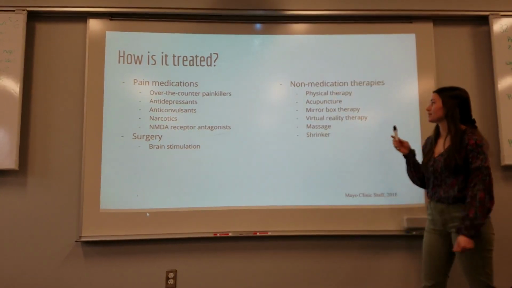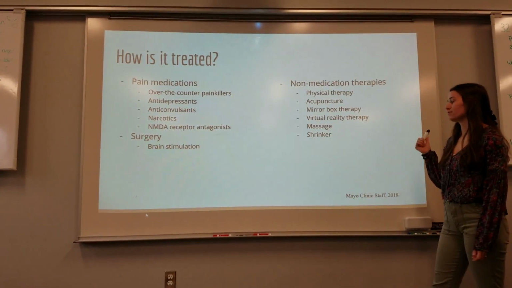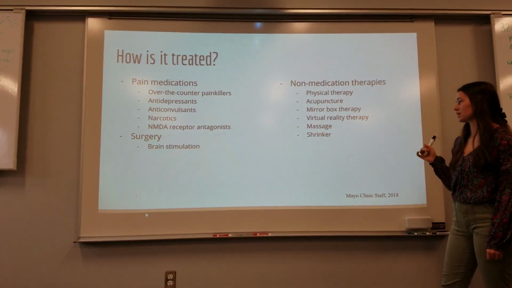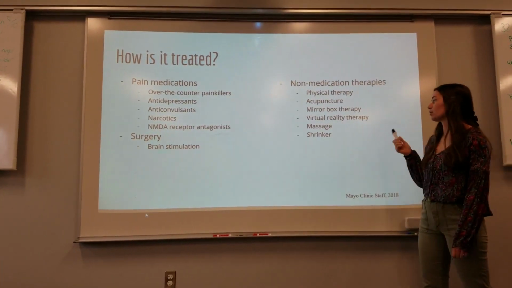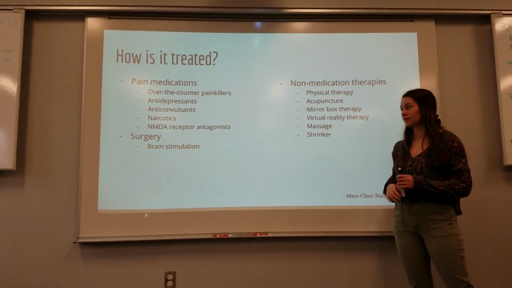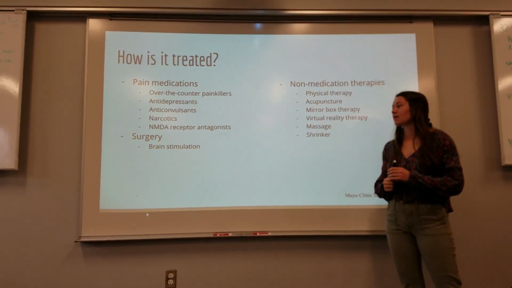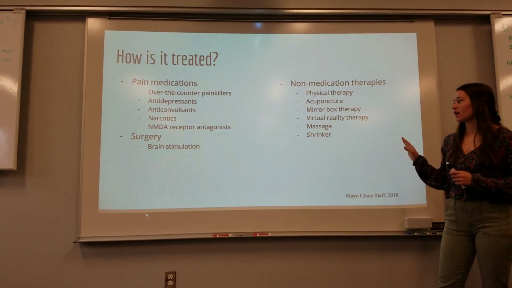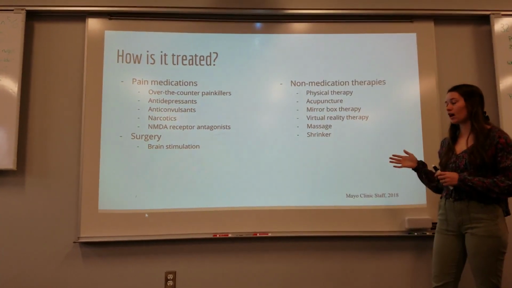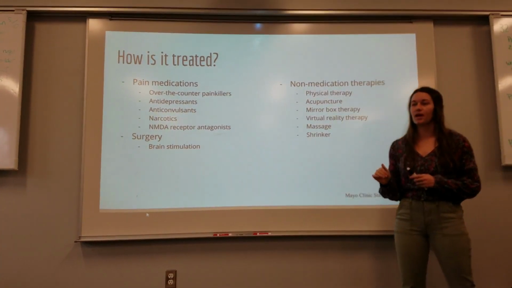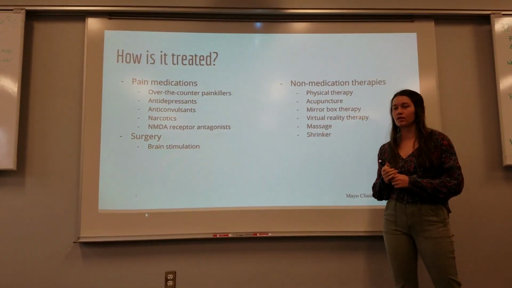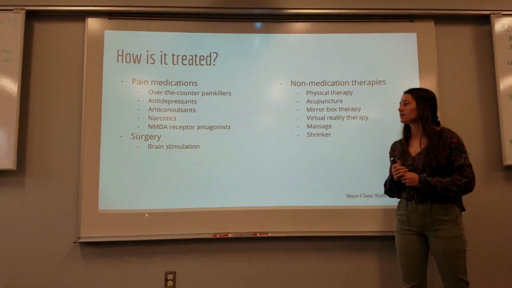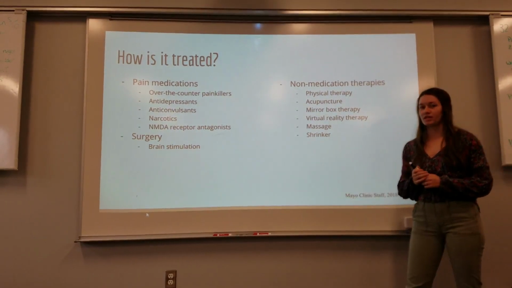Some of the more basic ones would be the physical therapy, acupuncture, massage, and shrinker sock. We're going to go more into detail on the mirror box therapy and virtual reality therapy later in the slides. If these two kinds of treatment aren't working because the pain is much more severe, then surgery would be one of the options, and the main type of surgery is deep brain stimulation.